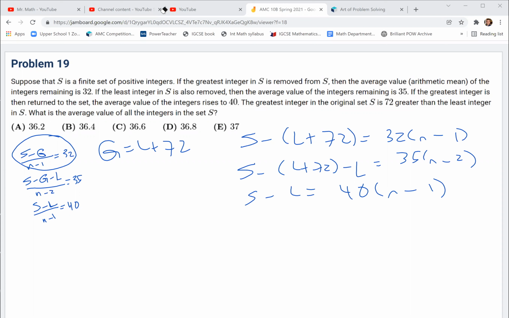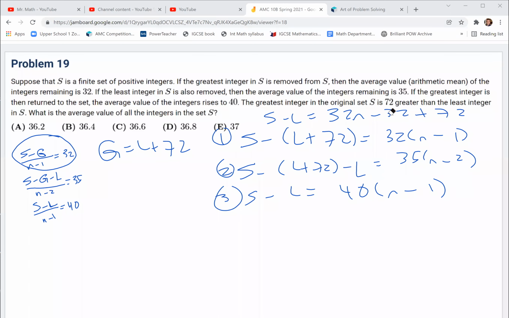Now, notice that if I take equation 1 and add 72 to both sides, I get S minus L. Just rewriting this, S minus L equals 32N minus 32 plus 72, or S minus L equals 32N plus 40.